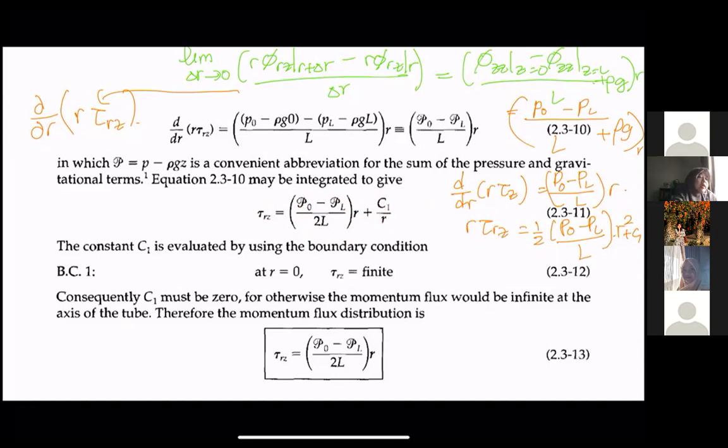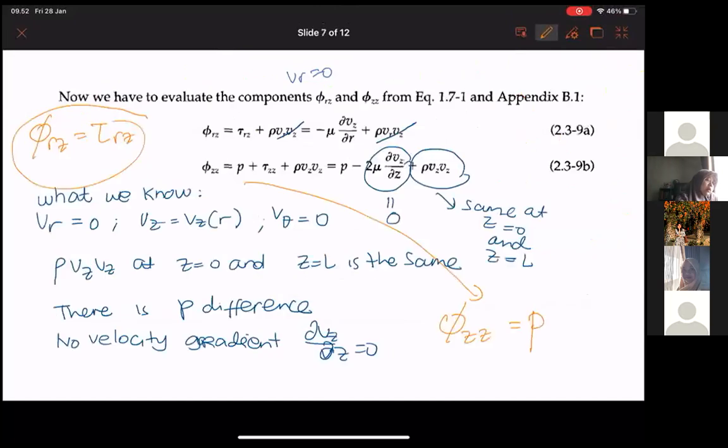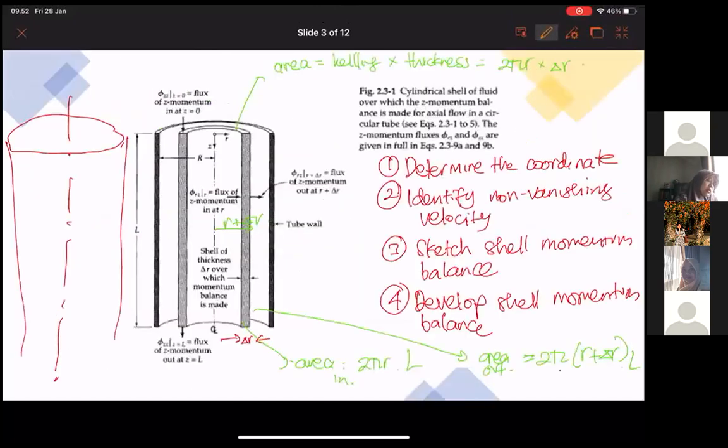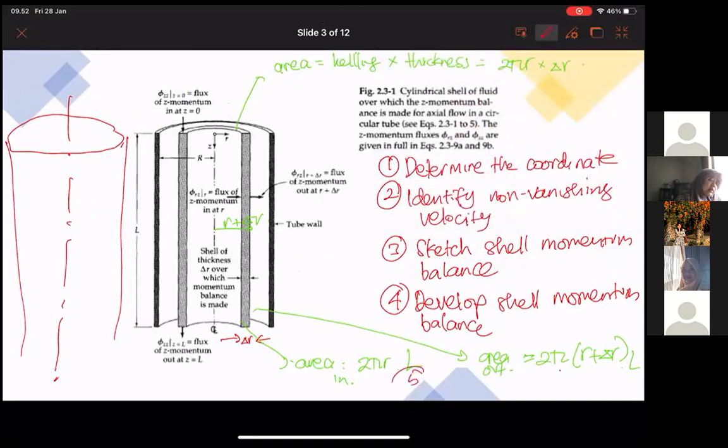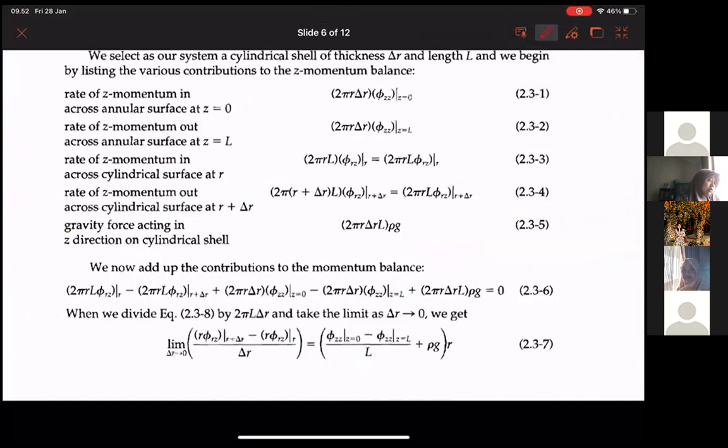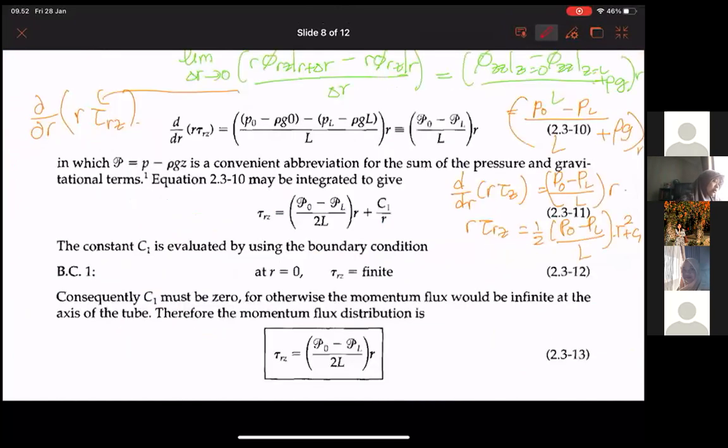So the next step, let me check the level of the shell momentum balance: number 5 is integrate the equation, and number 6 is to find boundary condition.